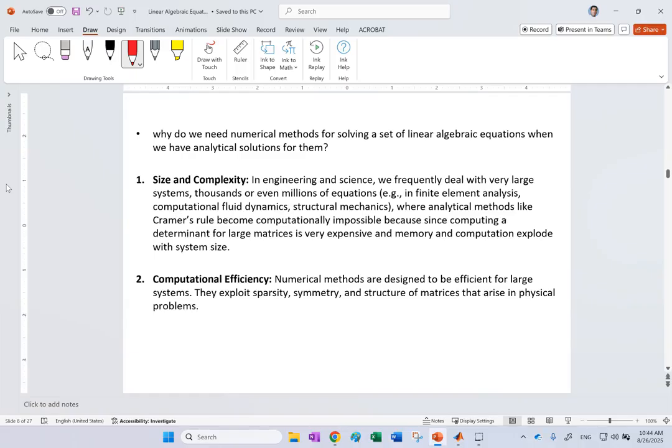Before I do that, you might say, why would you need a numerical method for finding the solution? Don't you have analytical solutions like the Cramer method?